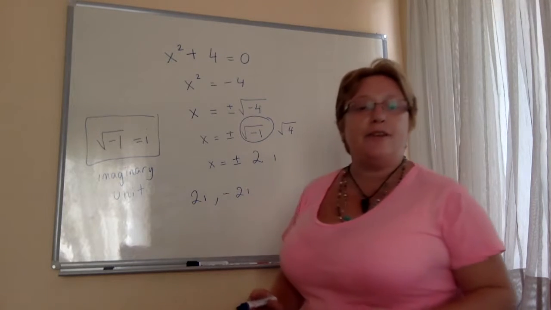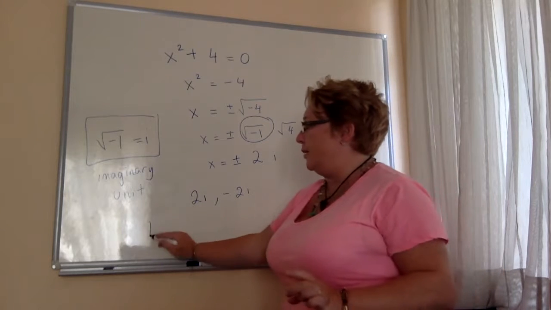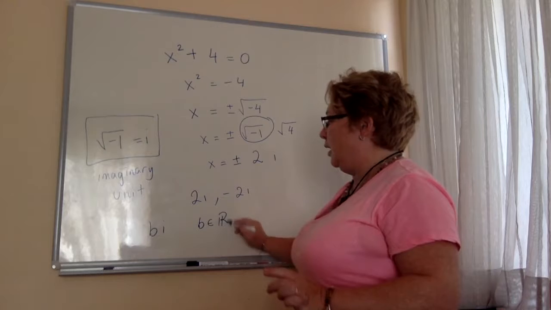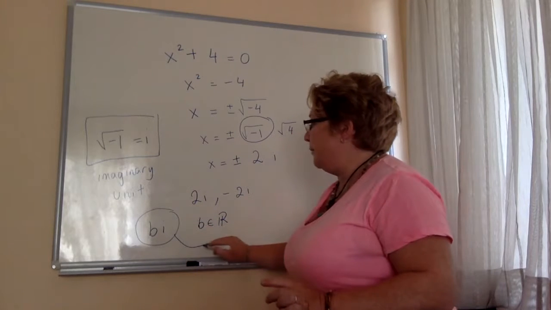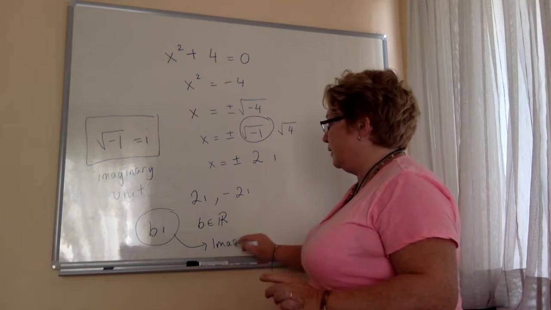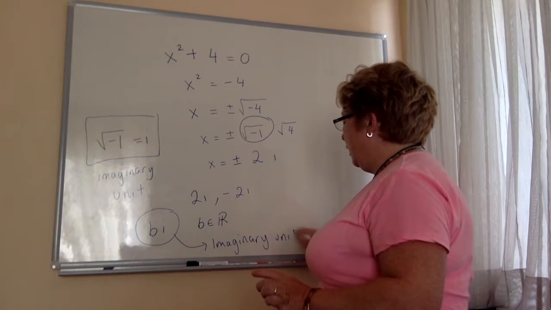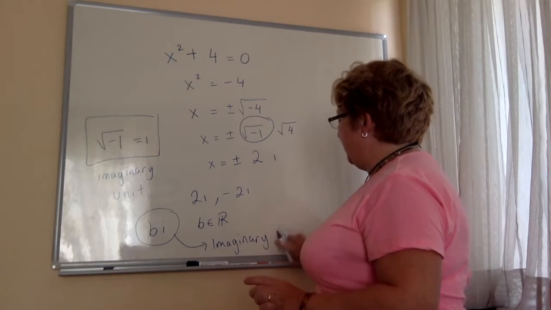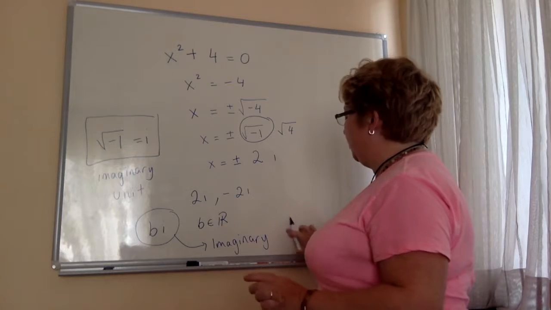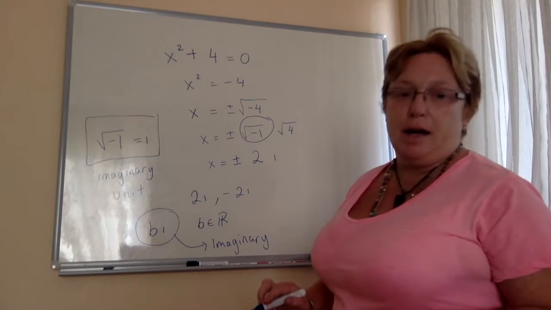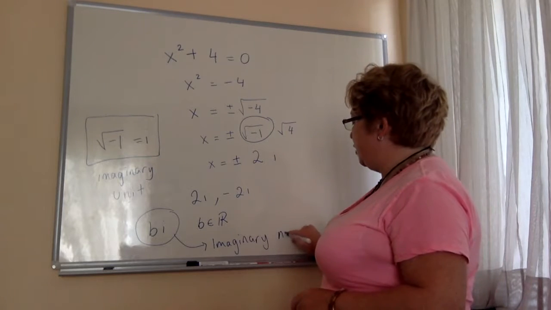Numbers of the form b times i, where b is a real number, are called imaginary numbers because they are the imaginary unit multiplied by a coefficient. So numbers of the form bi are called imaginary numbers.